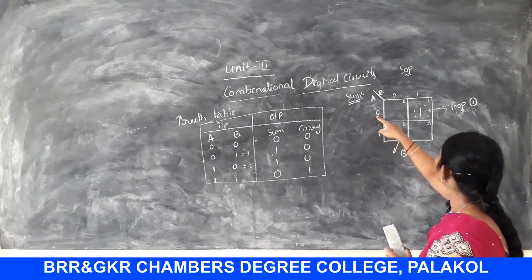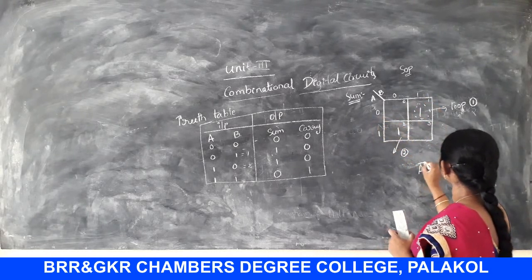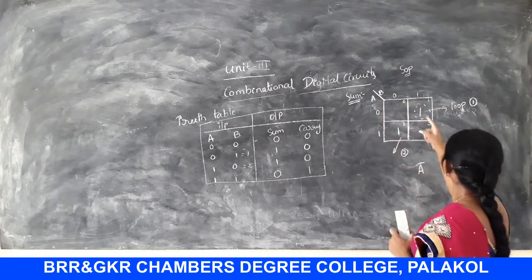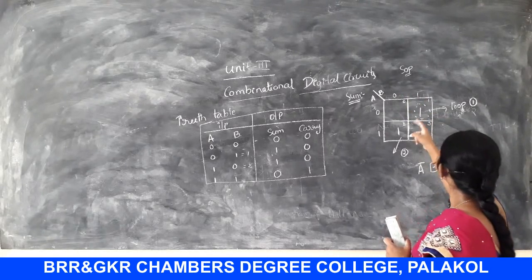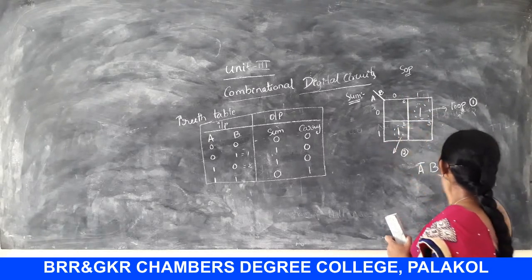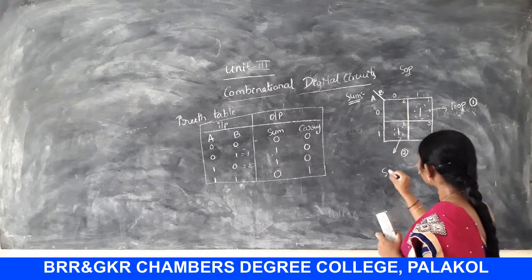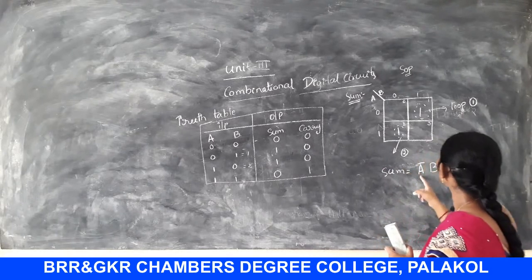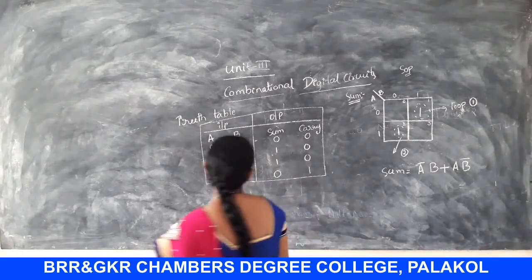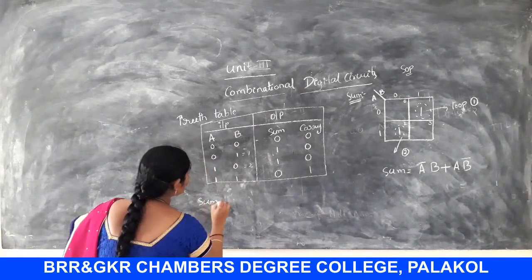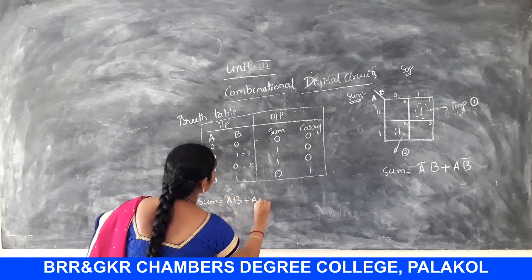Here this is A and this is B, so that is A bar, since 0 is bar and 1 is B. That is A bar B, plus for this loop, this is A and this is B bar. Therefore the sum expression is A bar B plus A B bar. I will write the expression here: the sum is equal to A bar B plus A B bar.